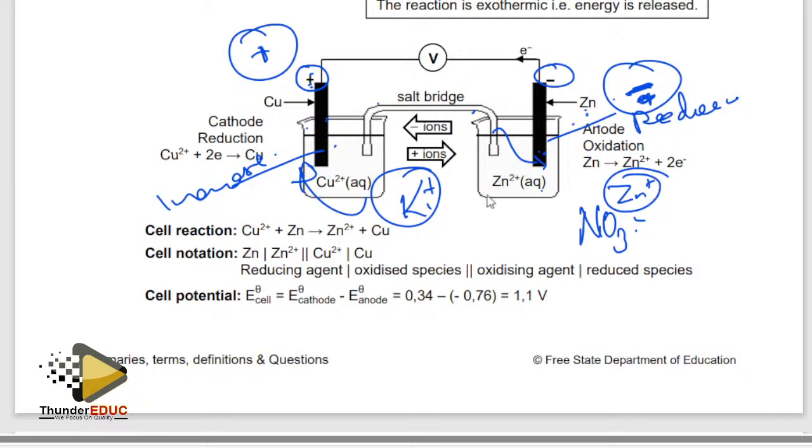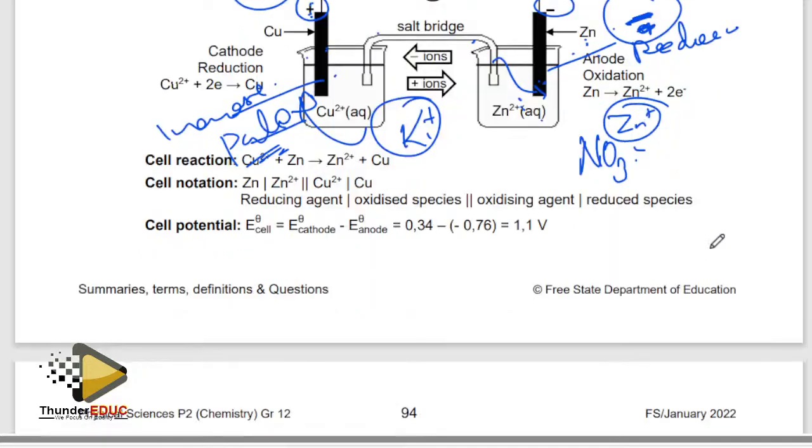And then number two, because this substance is dissolving, while this one is being used up, this one is going to become pale. It's going to become pale. Why? Because the ions which are being used up here are not being replaced. The copper ions, they are not being replaced. So you need to know that when it comes to the galvanic cell.